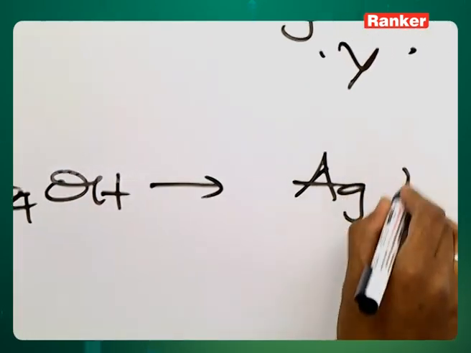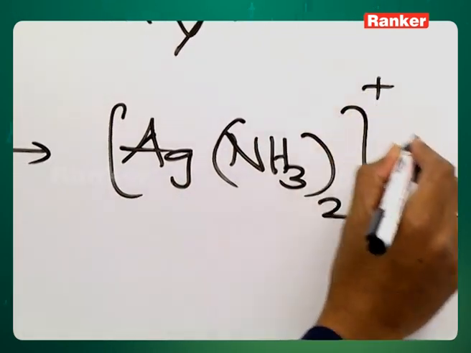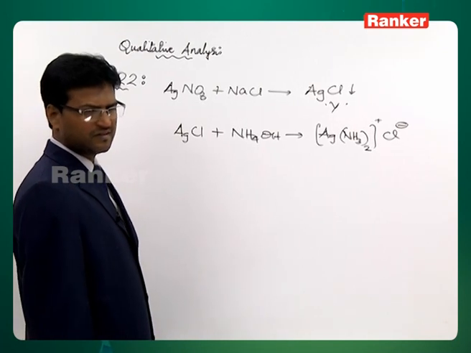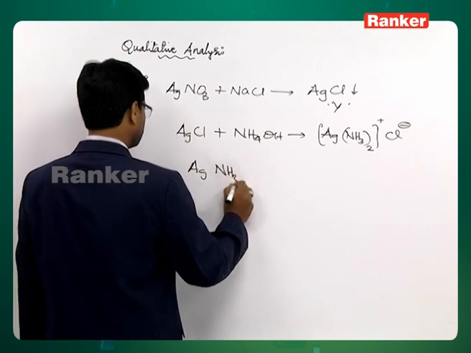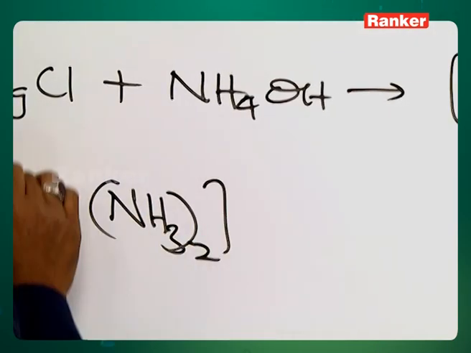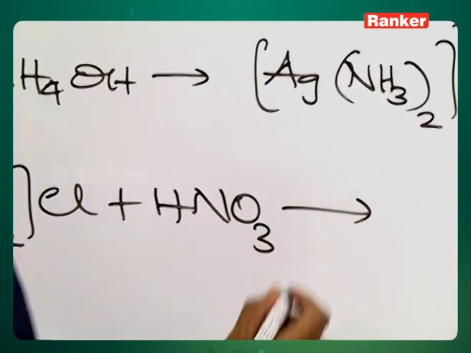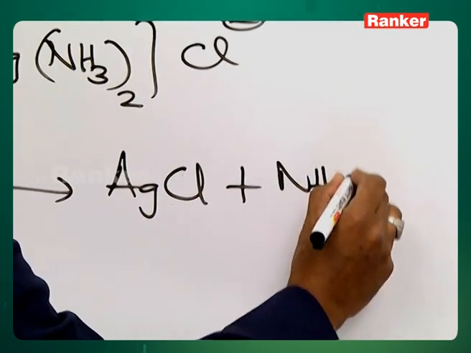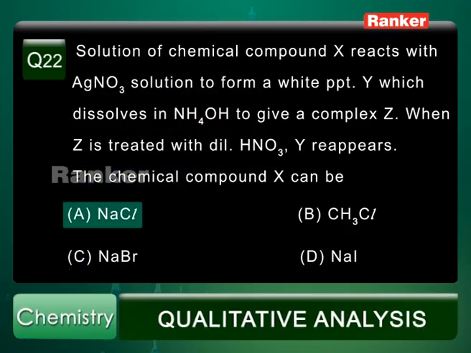It forms a soluble complex [Ag(NH3)2]+ plus Cl-, and then when this complex is treated with HNO3, you get back AgCl plus ammonium nitrate. So, the correct answer is therefore A, NaCl.